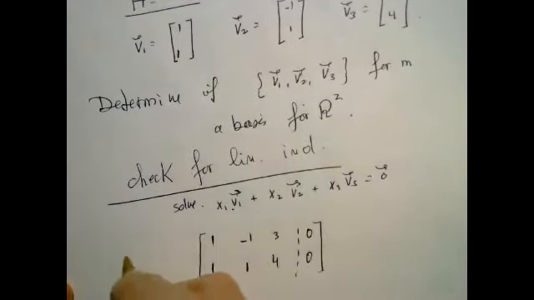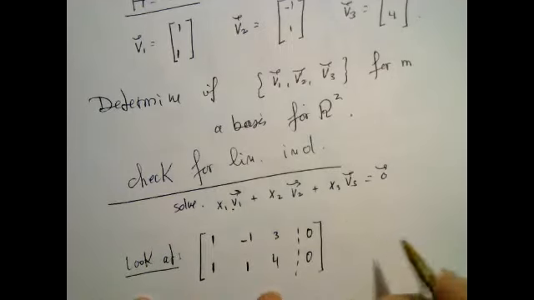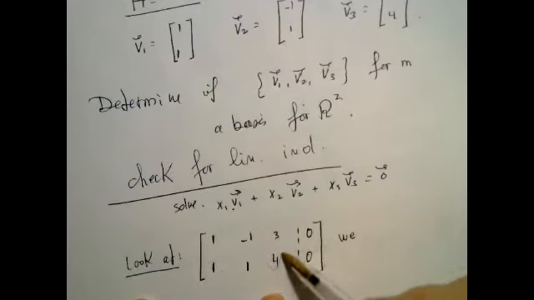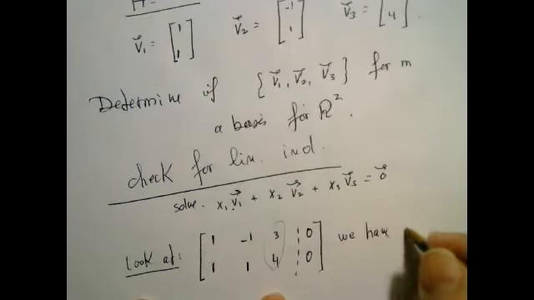So now, if we look at the augmented matrix, we definitely have a free variable because we have at most 2 leading entries. It means one of the variables will have to be free. I don't care which one, absolutely not. So we have a free variable.